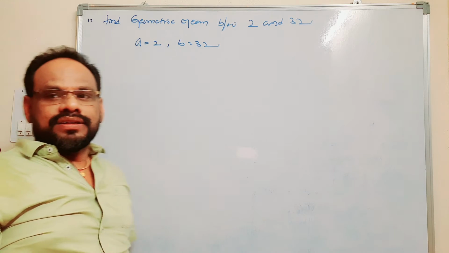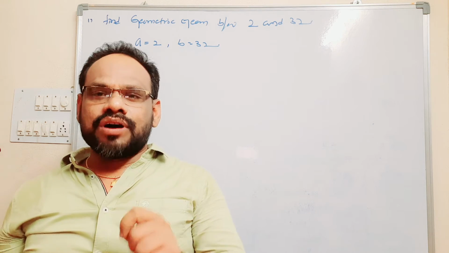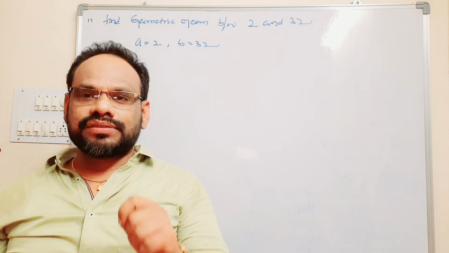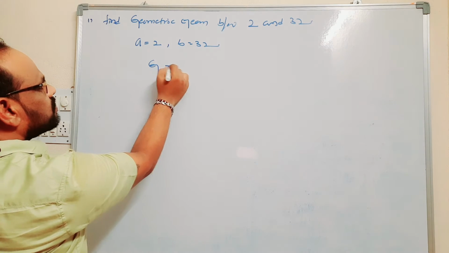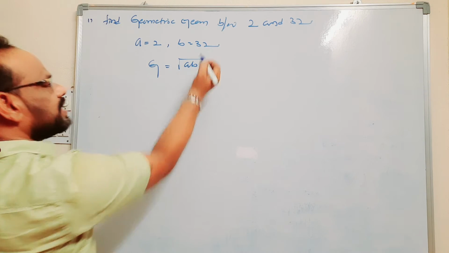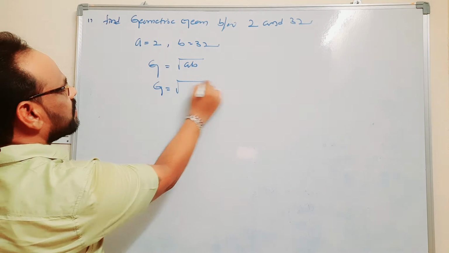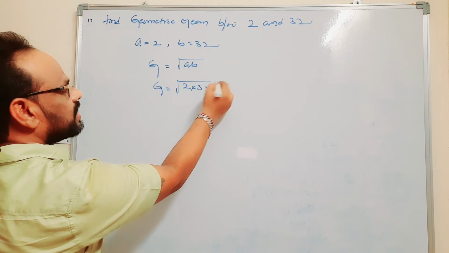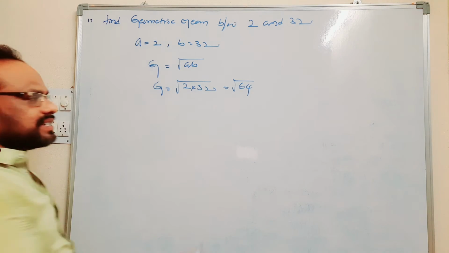We know that the geometric mean between any two given numbers is g equals the square root of ab. So g is equal to the square root of 2 into 32, which is the square root of 64.